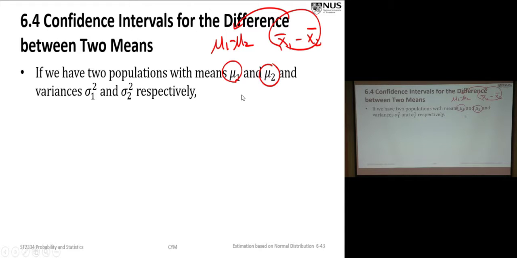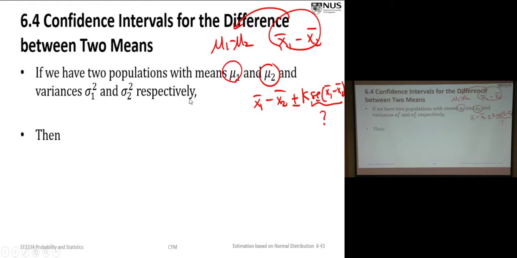So for mean, the interval will be like this. Plus or minus k standard deviation, k times the standard error of x1 bar minus x2 bar. This is a multiple of the variation, the square root of the variation of x1 bar minus x2 bar.